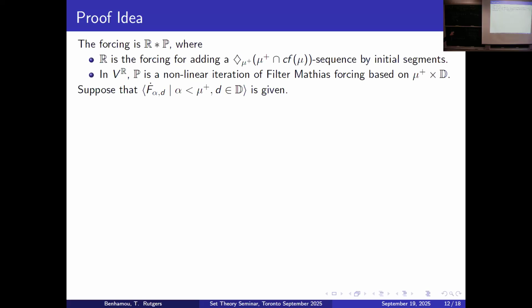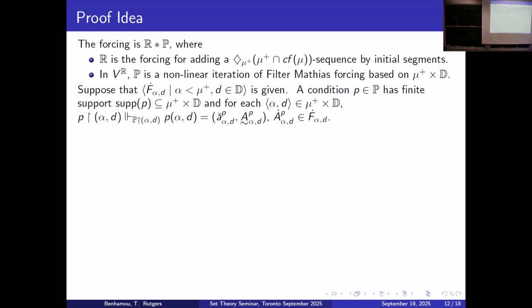Okay. So let's fix a sequence of names of filters, then I'll tell you how I define them. So what is a condition in the forcing? It's a finite support function whose domain is this mu plus times D, such that whenever you pick a pair, then what do I mean by that?